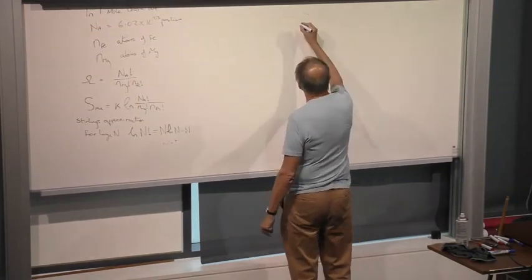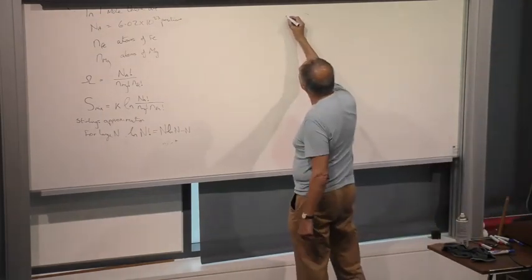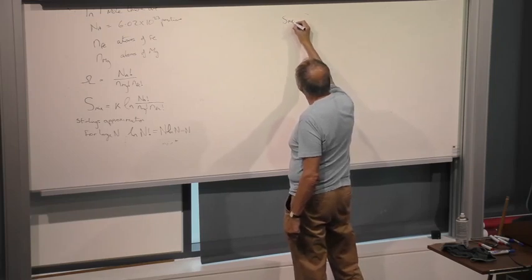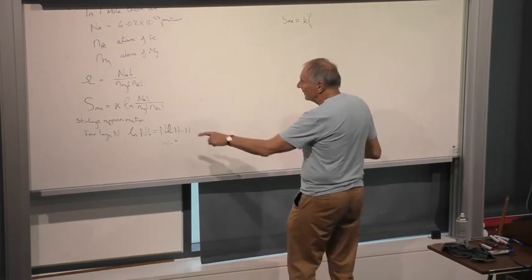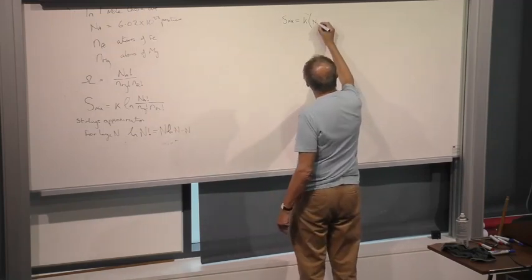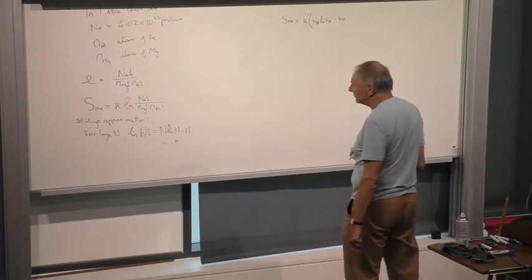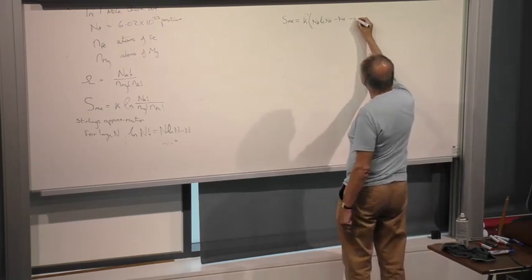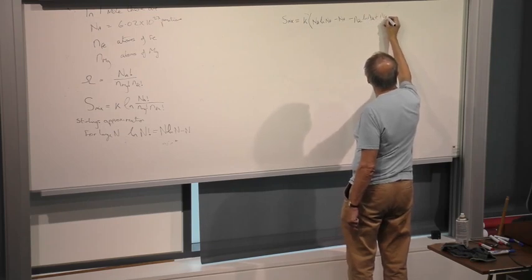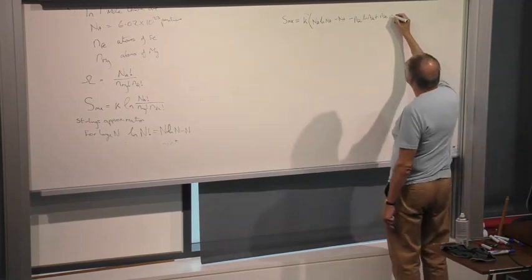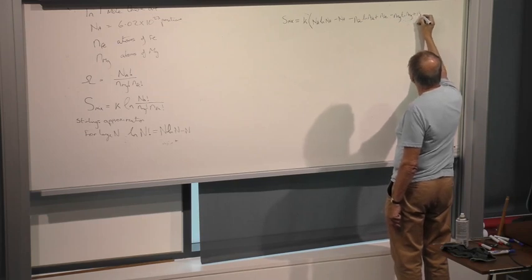Well, that means then that our entropy of mixing, make sure you can see that, S mix is equal to k into Na ln Na minus Na, minus NFe ln NFe plus NFe, minus NMg ln NMg plus NMg.